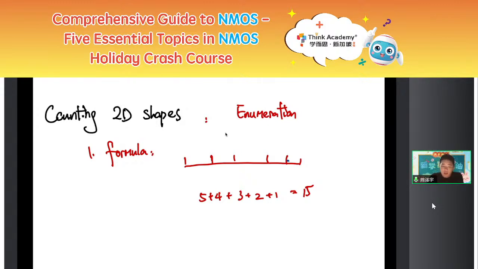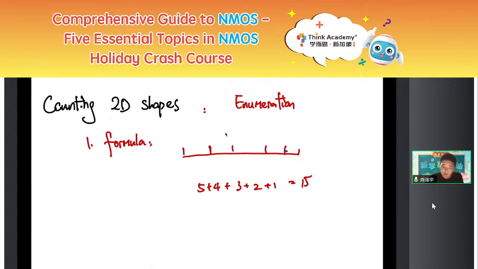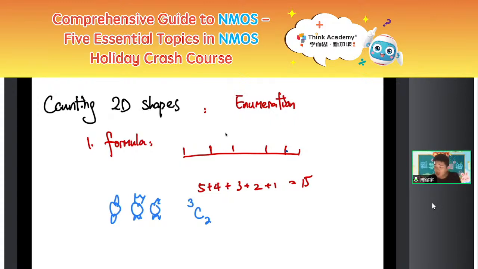Before we start, I'll introduce a new notation, which is called choose. So what is choose? Let's say I have three candies. I want to eat two of them. How many ways do I have? There are three candies in total, and I want to choose two of them.